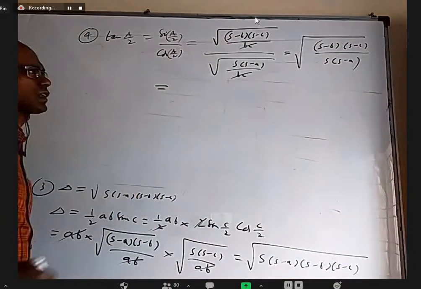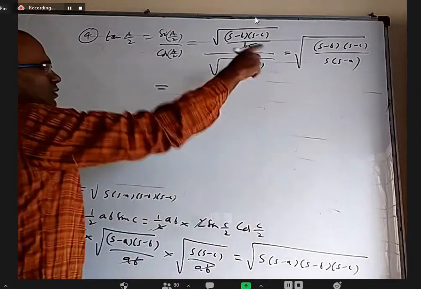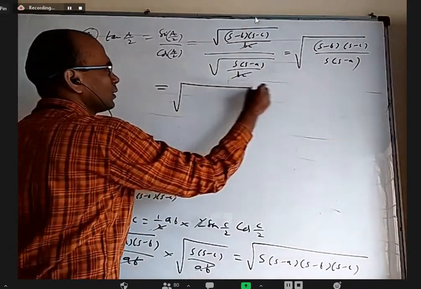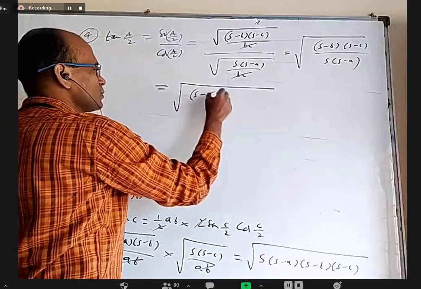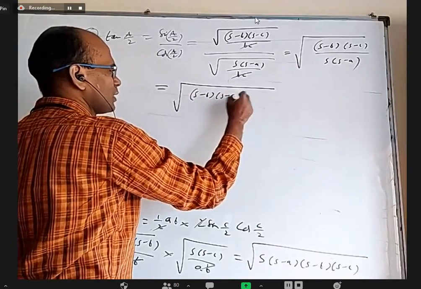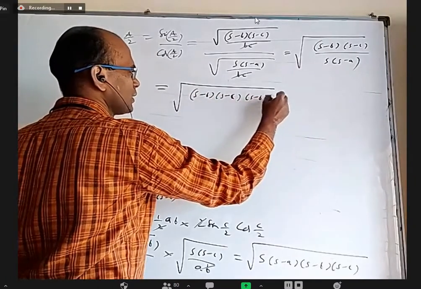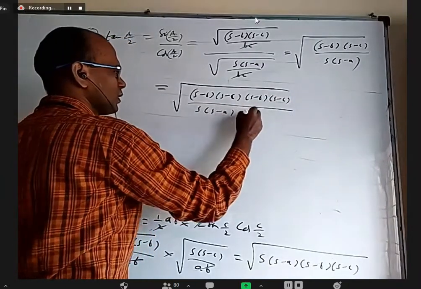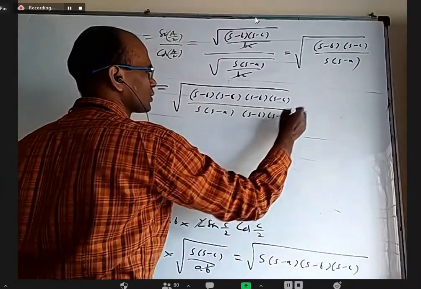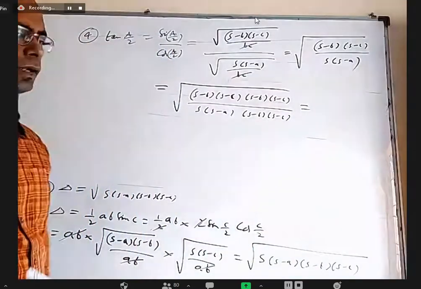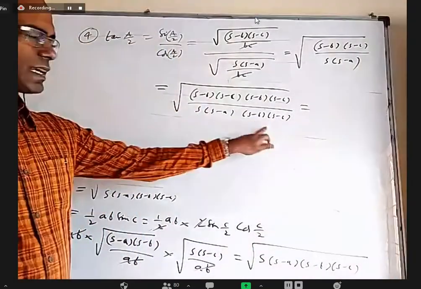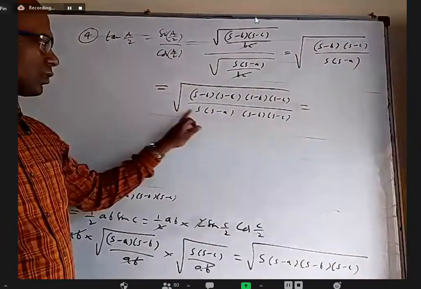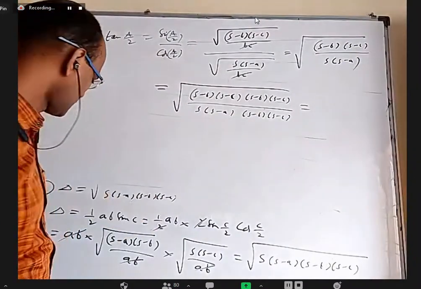This formula also can be written slightly different, even though there is a formula. (s minus b)(s minus c), I will multiply with one more (s minus b) and one more (s minus c). s(s minus a), I will multiply with (s minus b)(s minus c). This is denominator delta now. Root over s(s minus a)(s minus b)(s minus c) is delta.